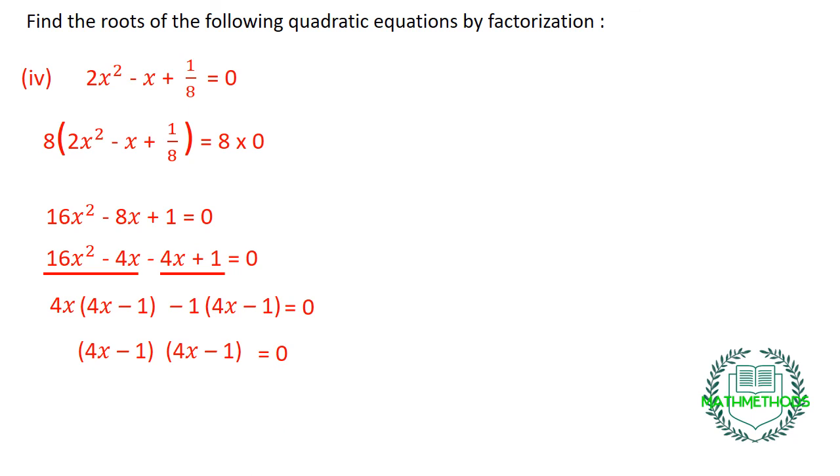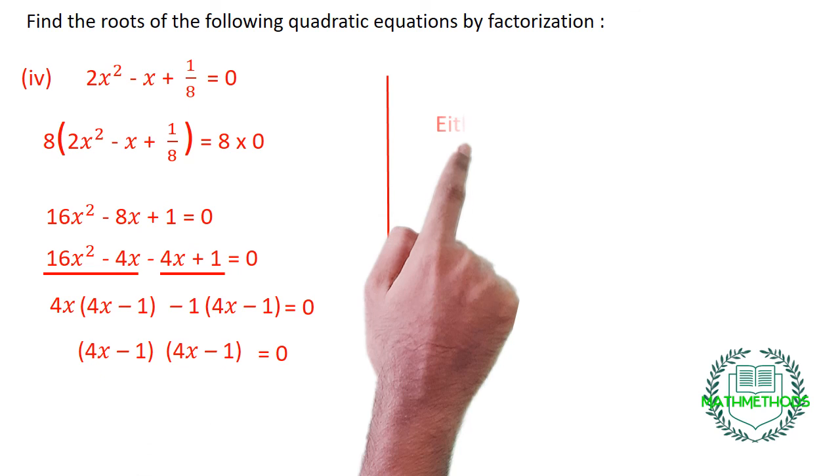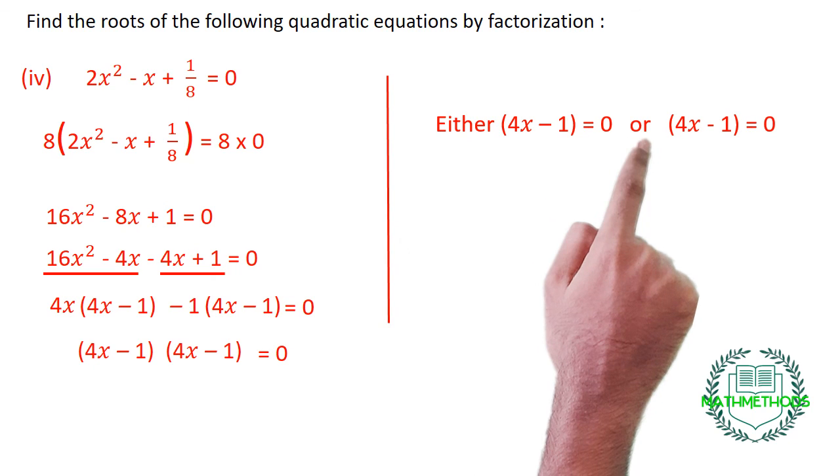Now since the product of the two factors is 0, one of the factors has to be 0. That means either 4x minus 1 equals 0 or 4x minus 1 equals 0.